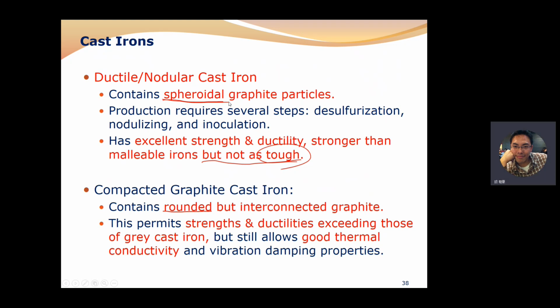This permits strength and ductility exceeding those of gray cast iron, but still allows good thermal conductivity and vibration damping properties. So compacted graphite cast iron has good ductility exceeding those of gray cast iron, with good thermal conductivity.